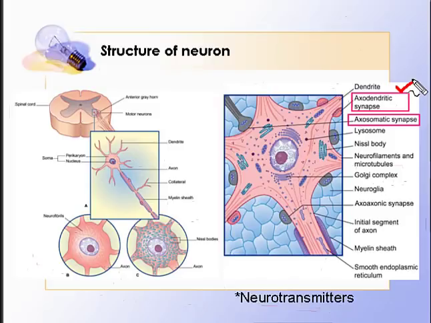Sometimes you might have a synapse in which the axon, instead of synapsing on the dendrite, might actually come and synapse on the cell body, on the soma. So such a synapse will be known as an axosomatic synapse. And then rarely you have synapses which are known as dendrodendritic, where a dendrite will synapse with another dendrite, or you have a synapse where an axon will synapse with another axon, and these are known as axoaxonic synapses.